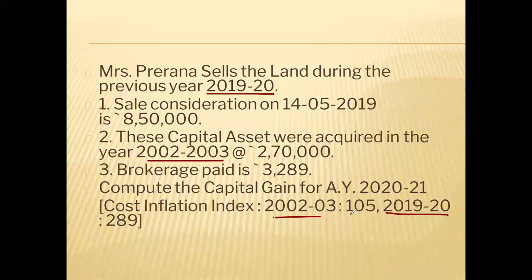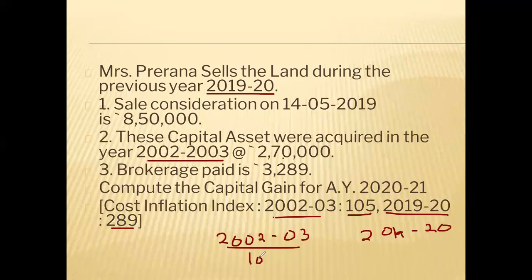So here, cost inflation index, everybody understood. I'm assuming that cost inflation index means if you wanted to purchase some article in 2002-3, you would have paid 105 rupees for that item. In 1920, the same item will cost 289 rupees. That is the increase in cost. So now how will we increase our cost using these values? Very simple. 2002-3 is the year of purchase and 2019-20 is the year of sale. The cost inflation index in 2002-3 is given as 105 and in 1920 it is 289.